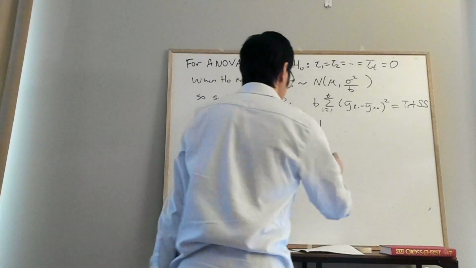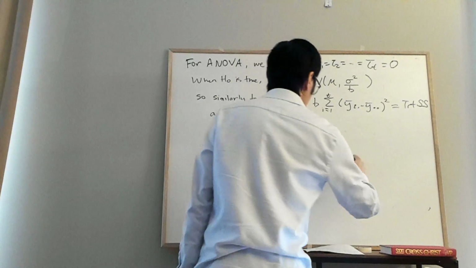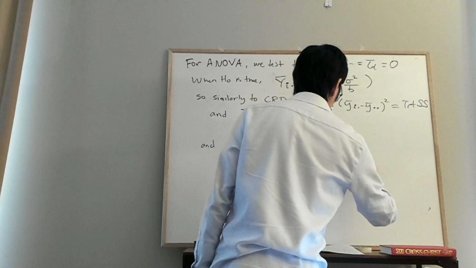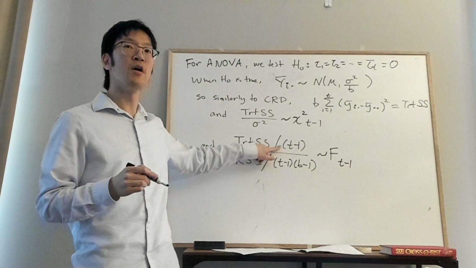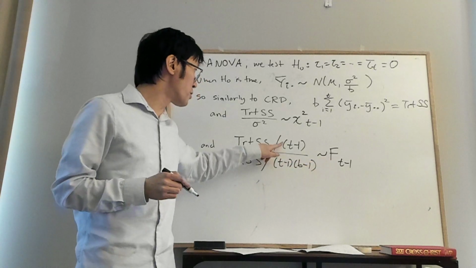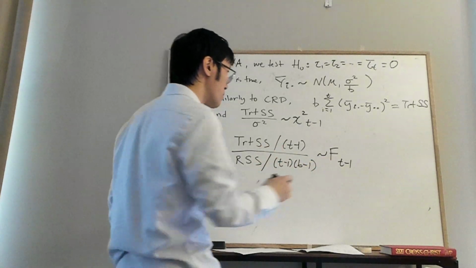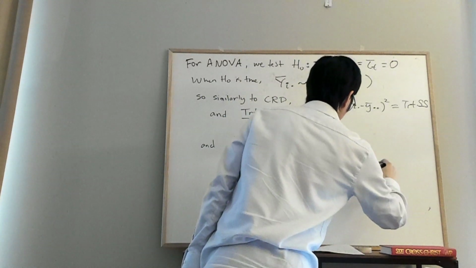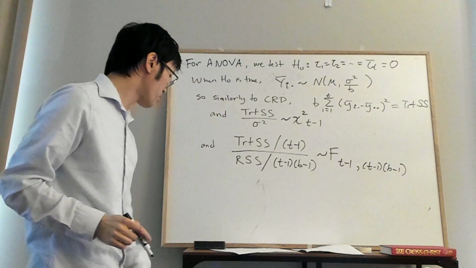So that's the reference F distribution for testing this hypothesis. There's an F distribution with t minus 1 degrees of freedom from the treatment, and you can easily read that off this expression, because the degrees of freedom in the F distribution are exactly the ones coming from the numerator and denominator chi-square random variables. We have t minus 1 times b minus 1 here.